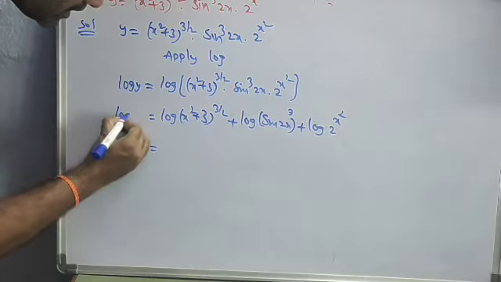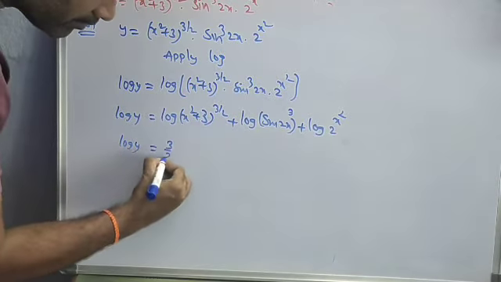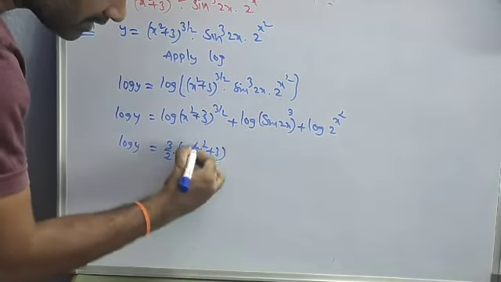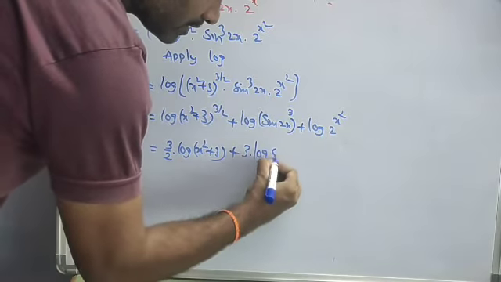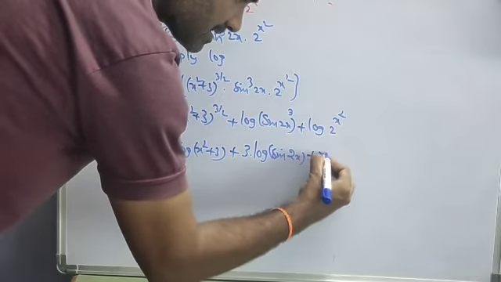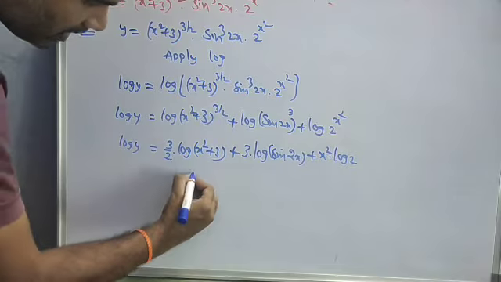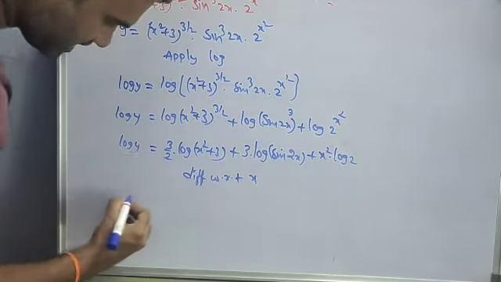Already we know that log of a to the power of m is m into log a. I am using that formula. Here also 3 into log of sine 2x plus x square into log 2. Log 2 is the constant. Now differentiate with respect to x.